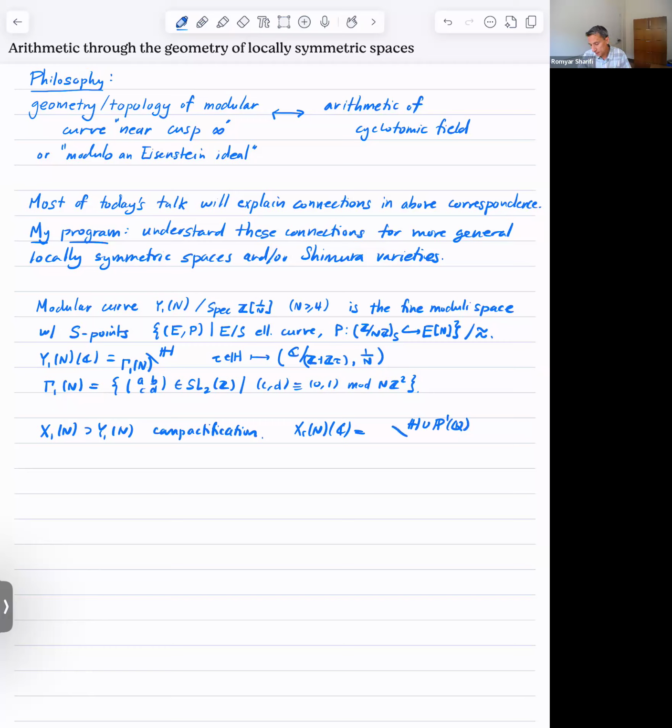Mobius transformations act on the upper half plane, and they also act on Q union infinity. Then we take the quotient by the action of Gamma1(N), and that is the compactification over C.